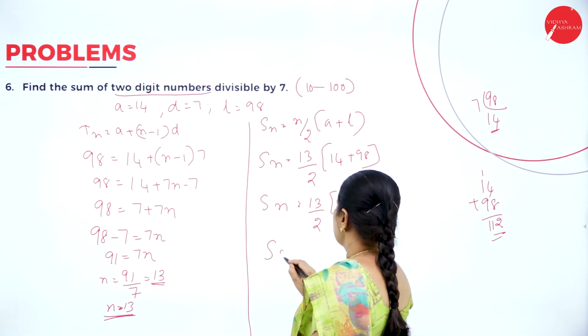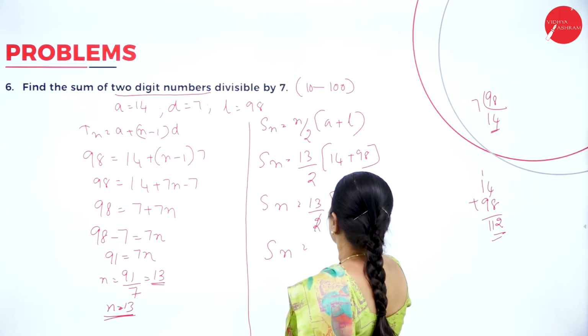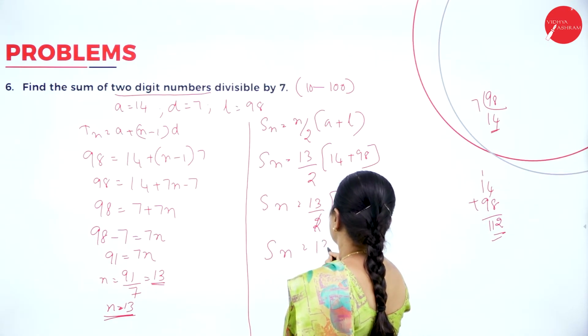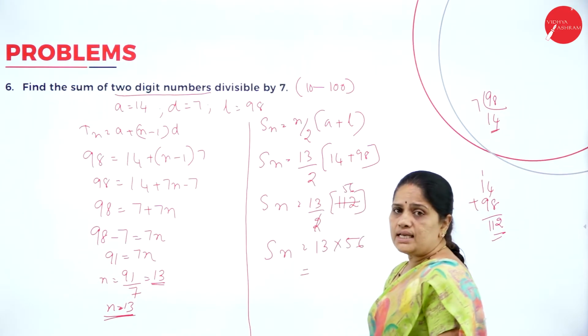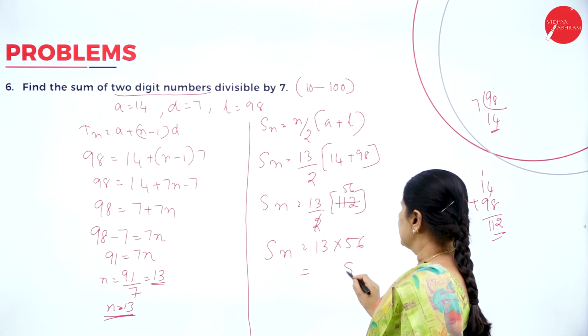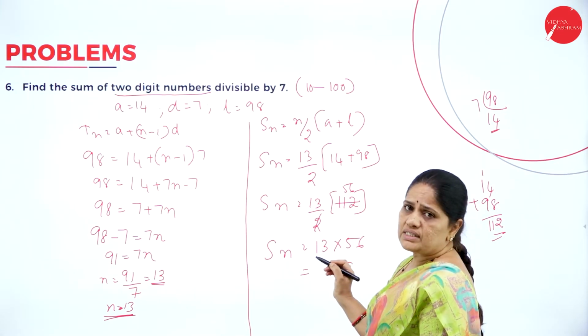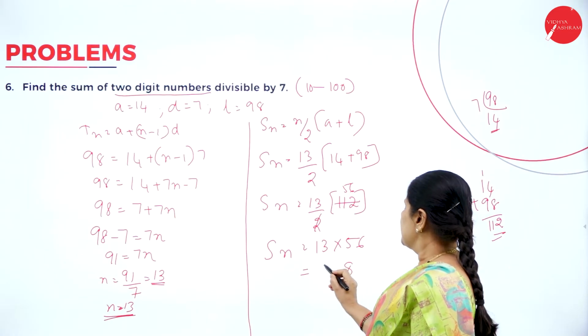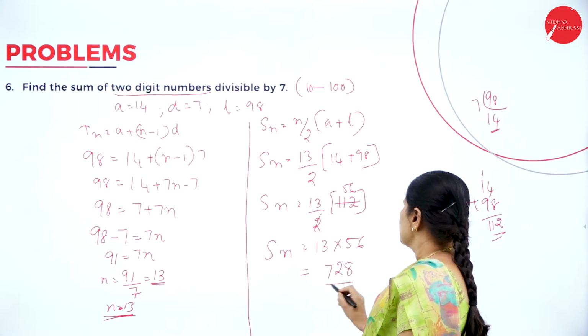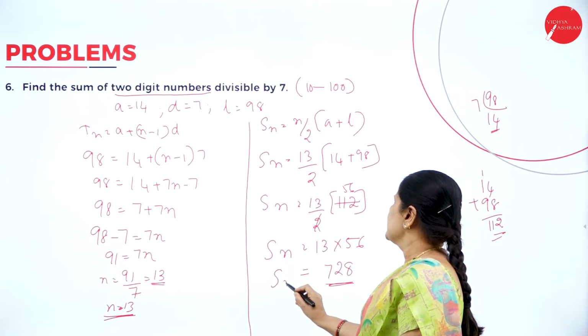So, Sn will be 2 5s are 10, 2 6s are 12, so 13 into 56. 13 6s are 78, 13 5s are 65. 65 plus 7 will be 72. So, 728 is the answer.